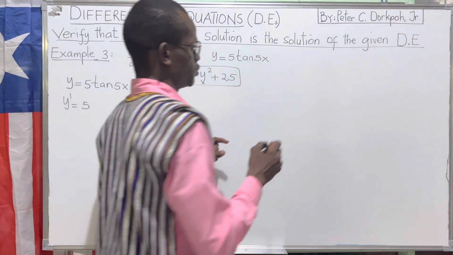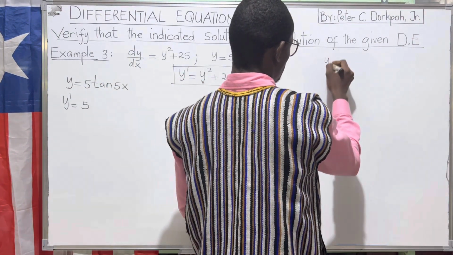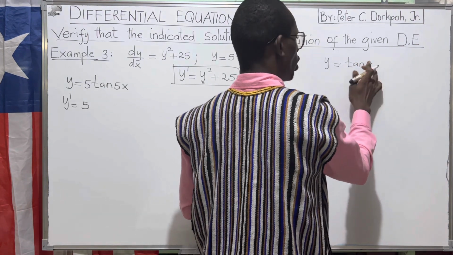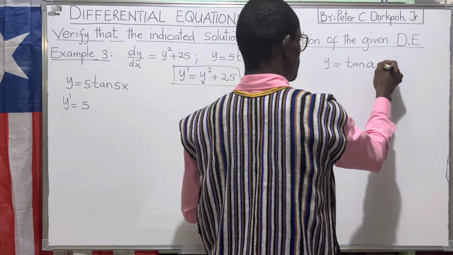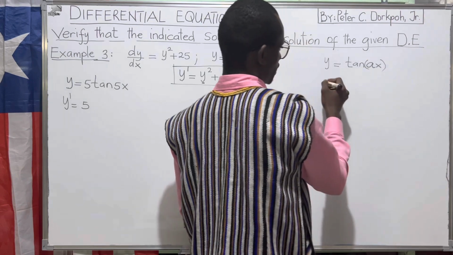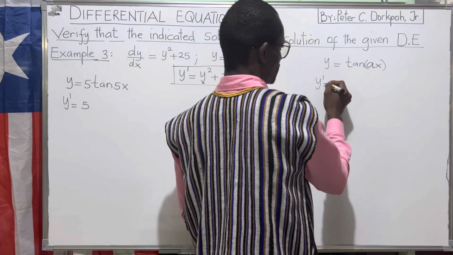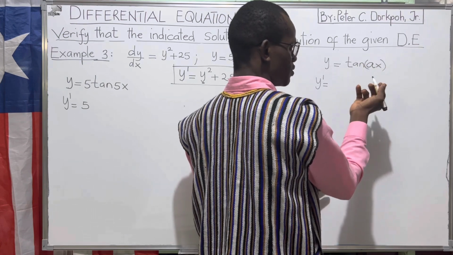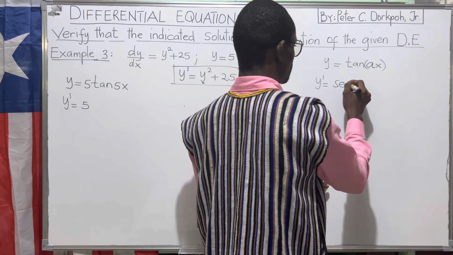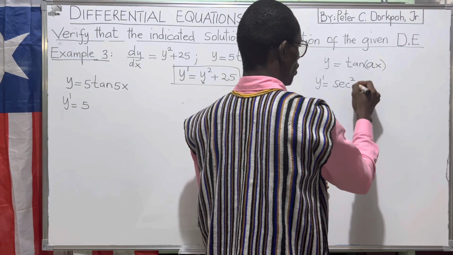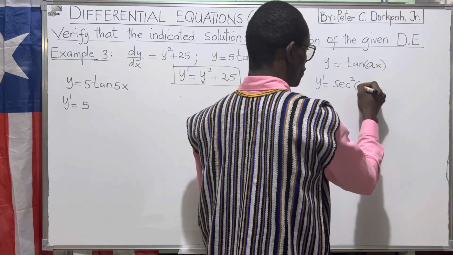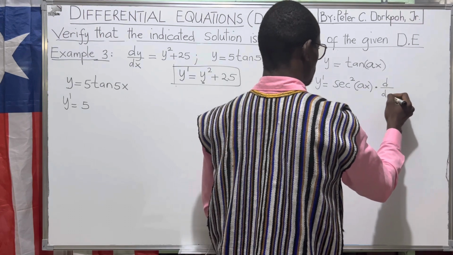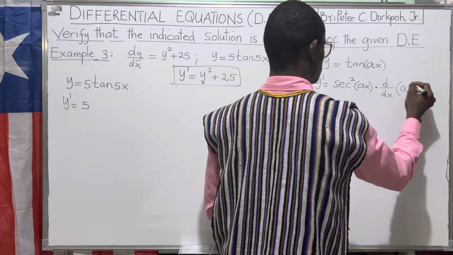Now, we told you that given a function y equals tangent of x, or in general tangent of ax, y prime, which is its derivative, will be: the derivative of tangent of x is secant square of x, or of that angle, which is ax, times the derivative of the angle ax.